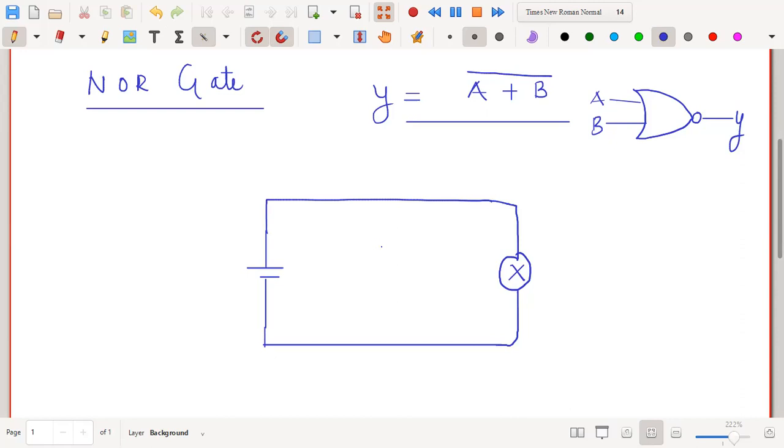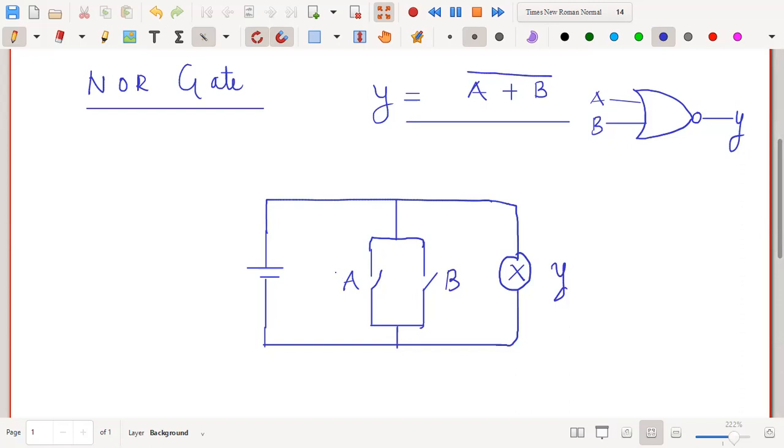One switch would be here and another switch would be here. Let me call this A and this B. So this is how our connection looks: this is my switch A, here I have the switch B, and let me call this the output Y.